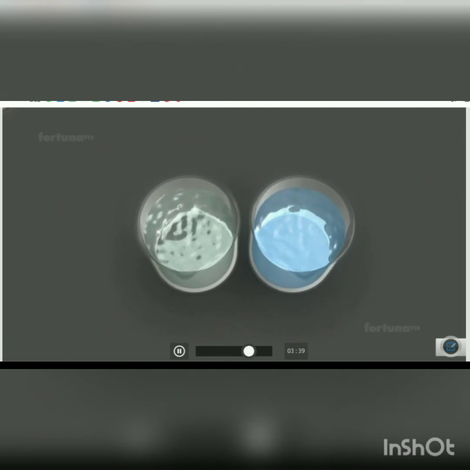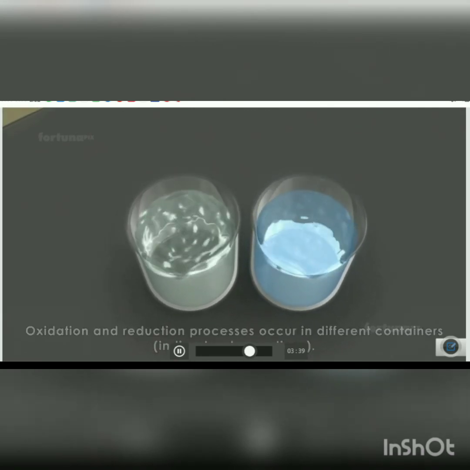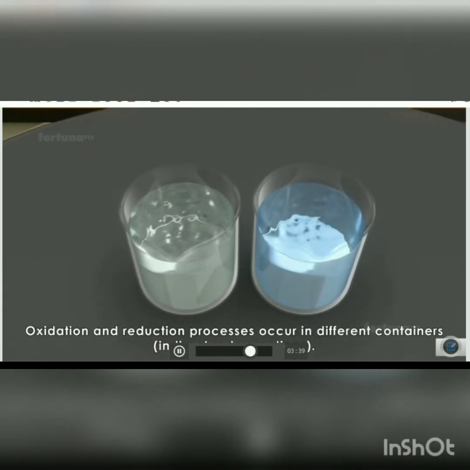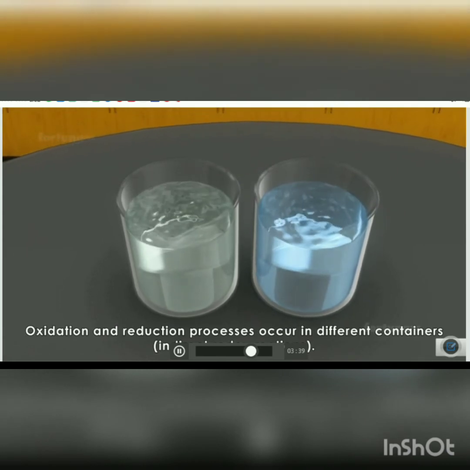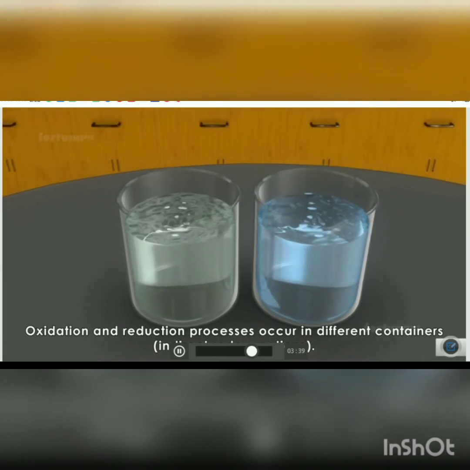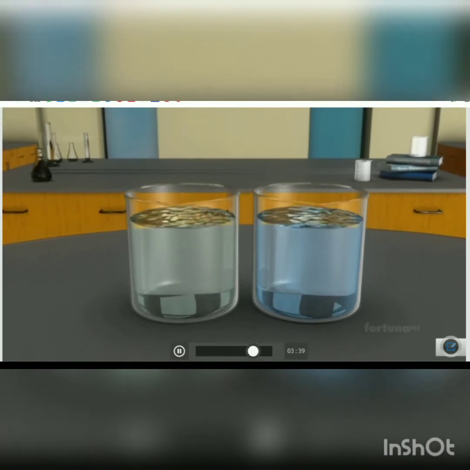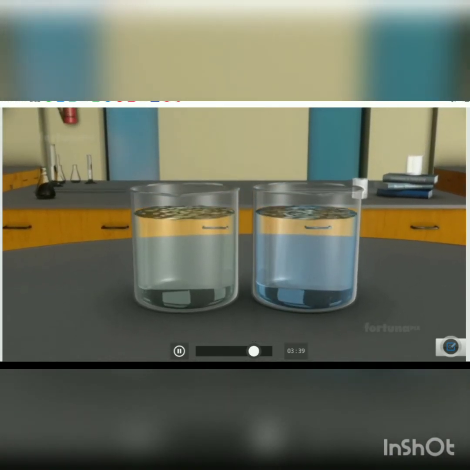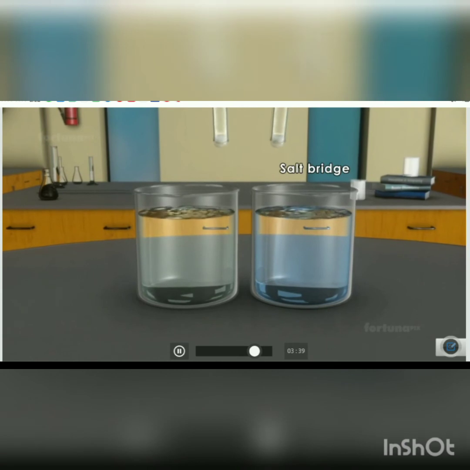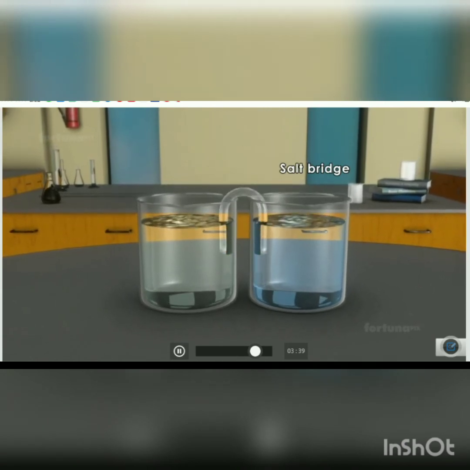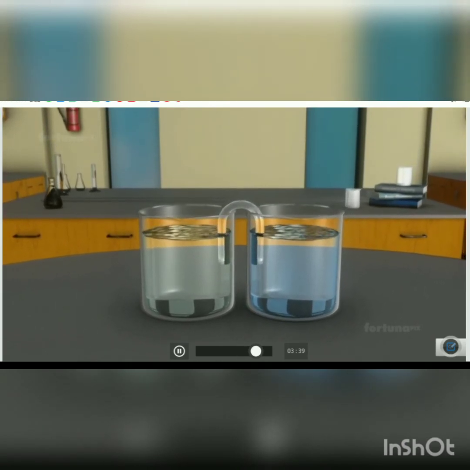Redox or oxidation reduction reactions can take place in different containers having different solutions which are not directly connected to each other, but for the redox reaction to take place, they are connected by a salt bridge, by which exchange of ions is possible.